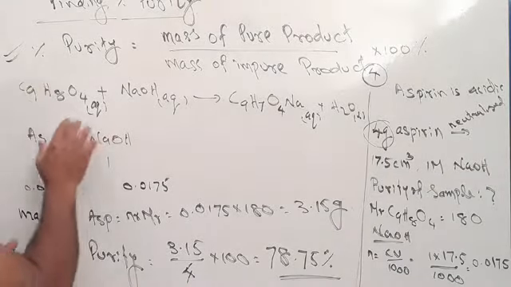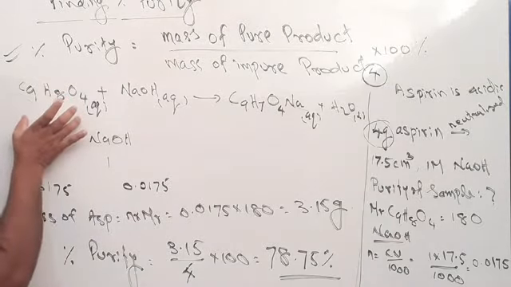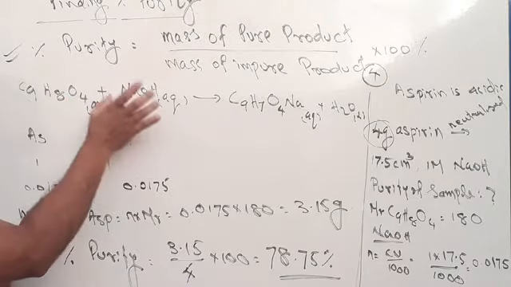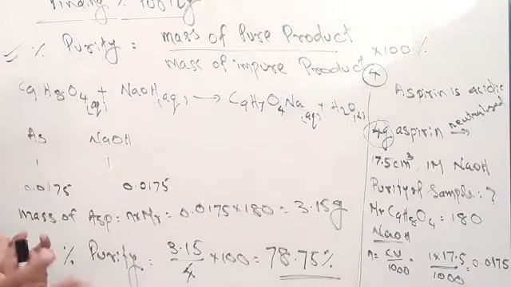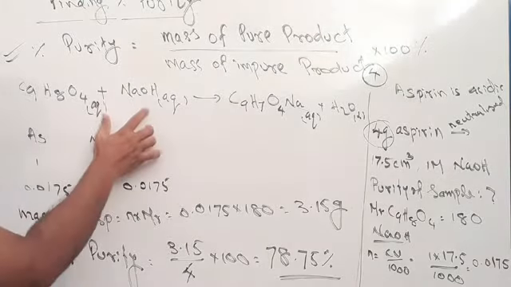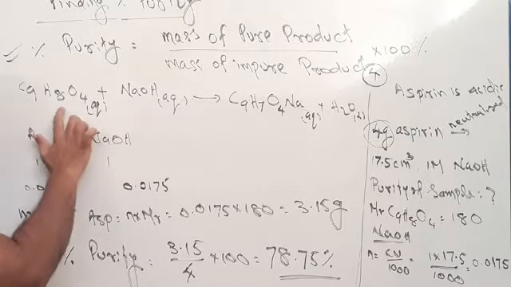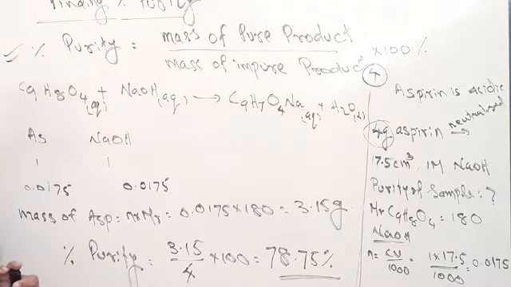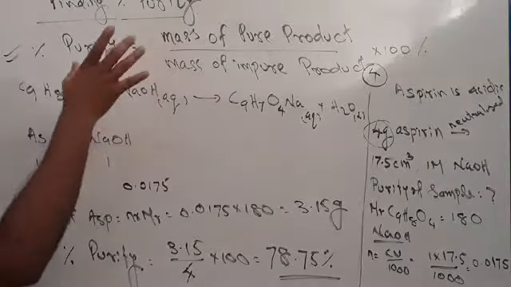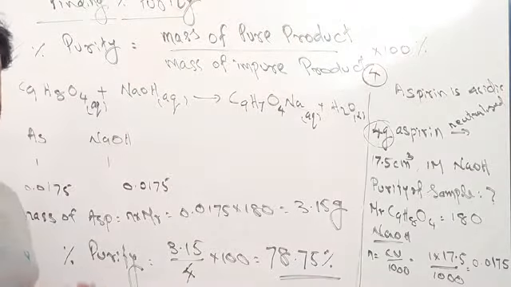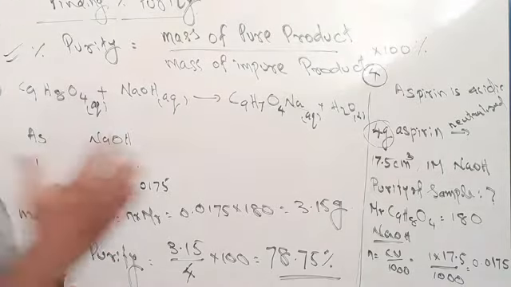Here the aspirin with the impurity reacts with the sodium hydroxide. When you react the given sample with sodium hydroxide, only aspirin reacts with the sodium hydroxide, impurities do not react. So using the mole ratio we can find the mass of aspirin present in the given sample.